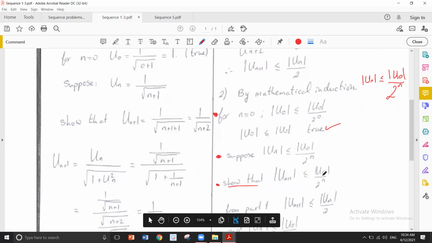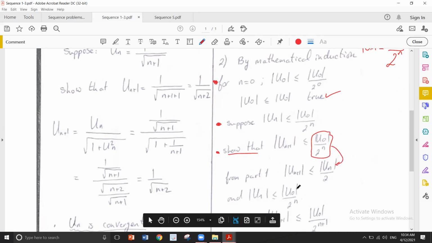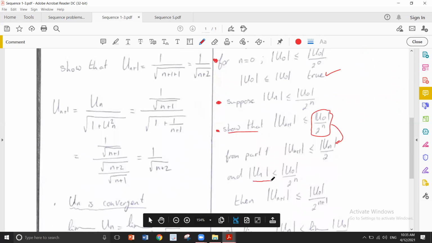Since he said deduce, from part 1, I have absolute value of UN plus 1 less than or equal to UN over 2. I put instead of UN, U0 over 2 to the power n, and UN is less than or equal to U0 over 2 to the power n.